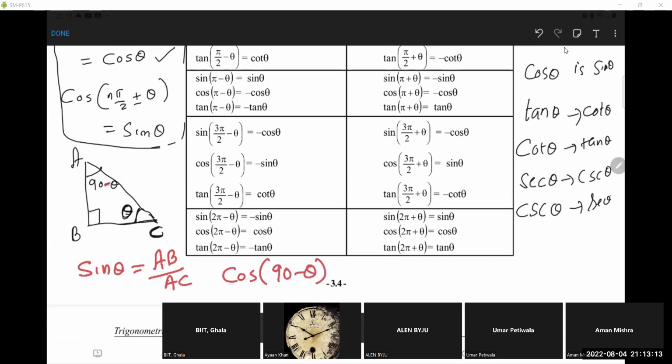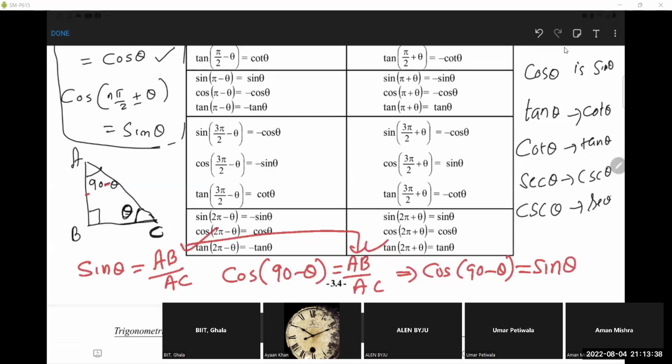What is cos? Adjacent side by hypotenuse. The adjacent side of 90 minus theta is also AB. So AB by AC. Now look at AB by AC, AB by AC. Right side is same. Therefore, left side also same. From this, I can conclude that cos of 90 minus theta will be equal to sin theta.